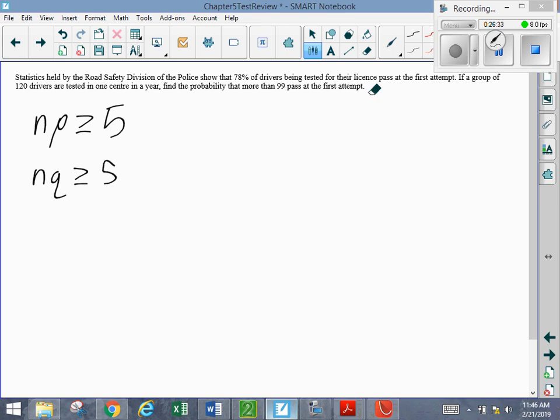All right, so in this case, what is P? P is 0.78, okay? Yeah, N would be 120. So then let's check it out. Is 120 times 0.78 greater than or equal to 5?